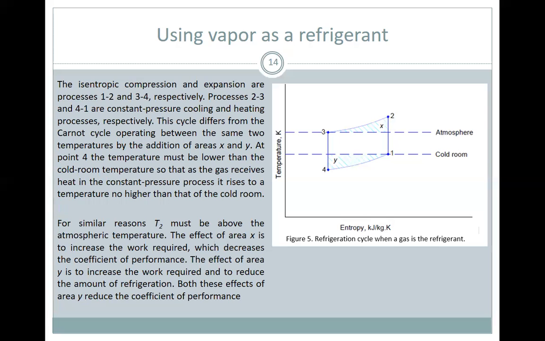For similar reasons, T2 must be above the atmospheric temperature, and the effect of area X is to increase the work required. The effect of area Y is to increase the work required and to reduce the amount of refrigeration. Both these effects of area Y reduce the coefficient of performance. Effect of area X and Y.